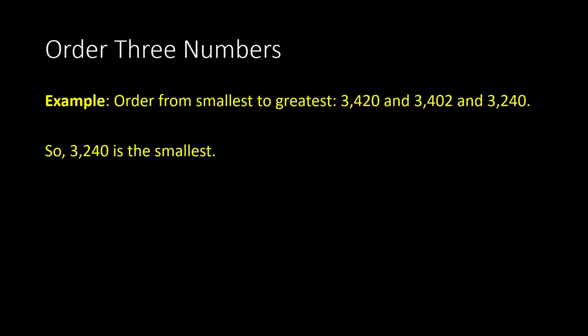Next, we're going to compare the other two numbers, 3420 and 3402. When we compare the tens, we have 2 and 0 in the tens position. Clearly 0 is less than 2, so the smaller of these two numbers is 3402.